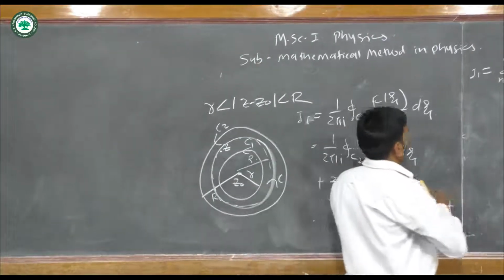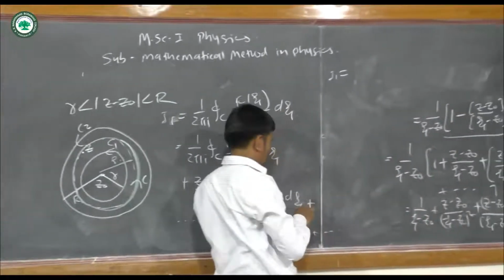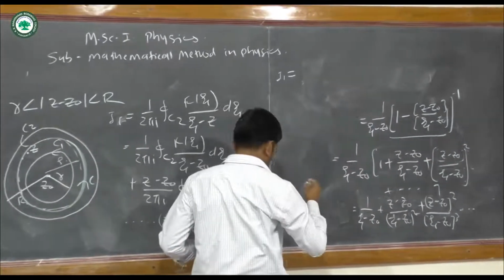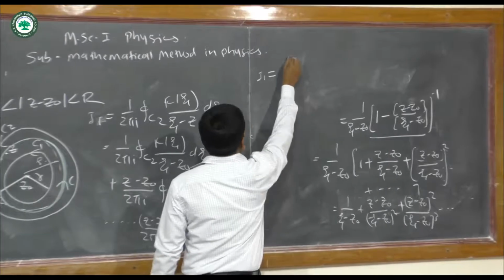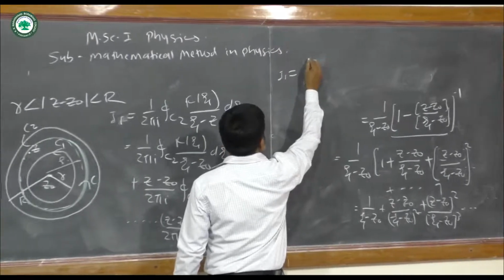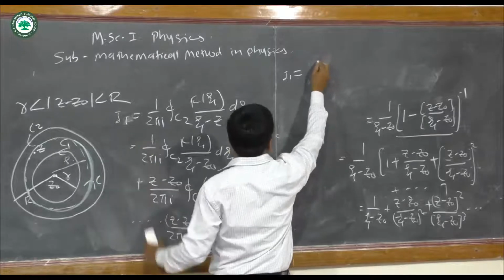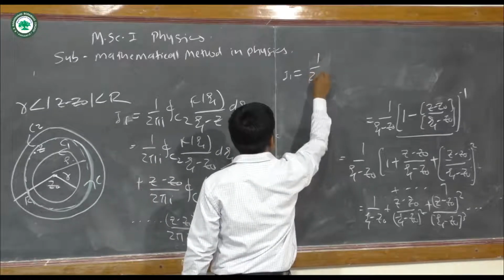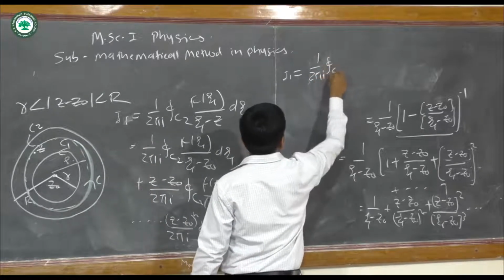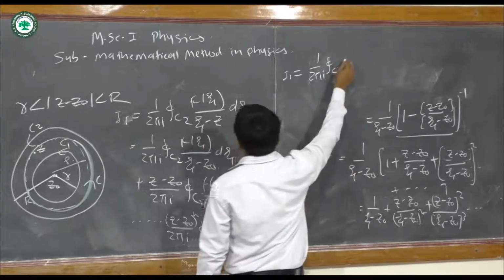So here, I write this summation of 1 by 2 pi i, closed integral over C. Now this C, and why?